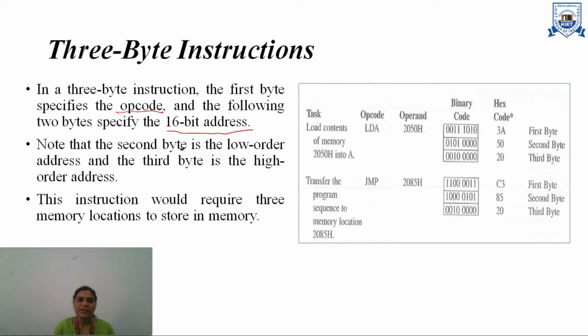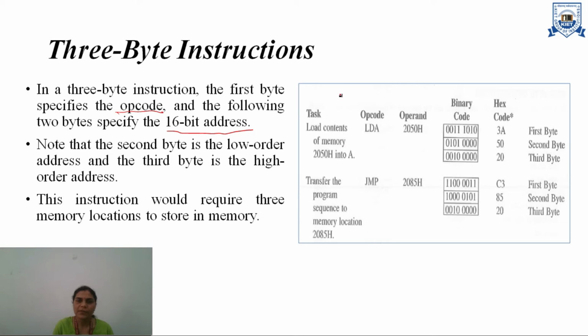Note that the second byte is the lower order address and the third byte is the higher order address. So the address will be written by first taking the lower address bits and then the higher order address bits. This instruction will require 3 memory locations to be stored in memory.